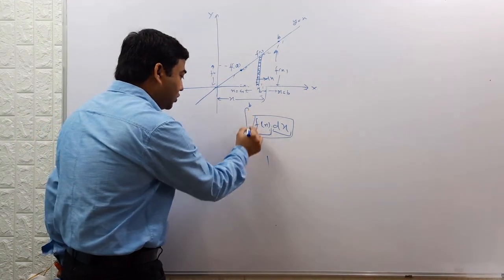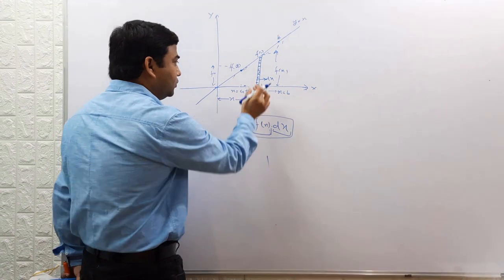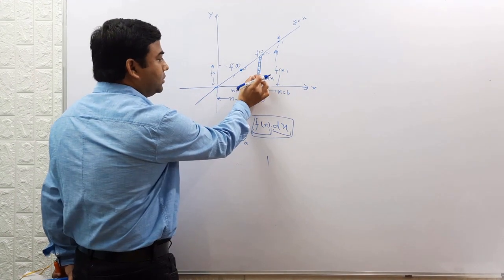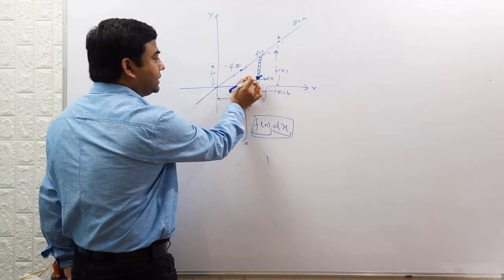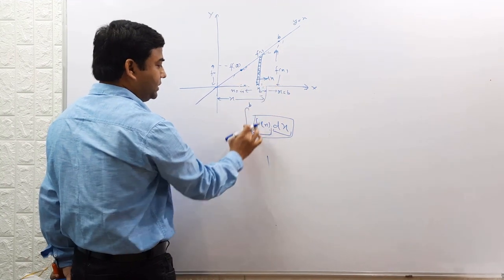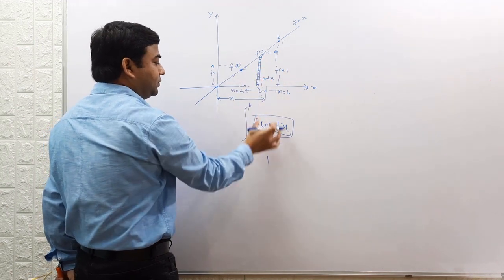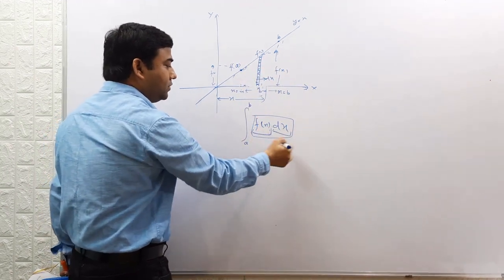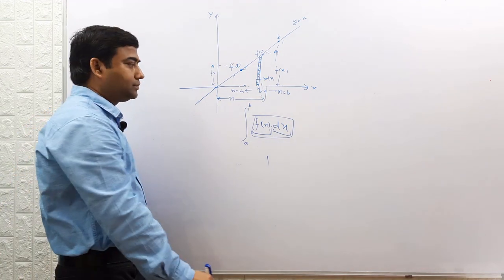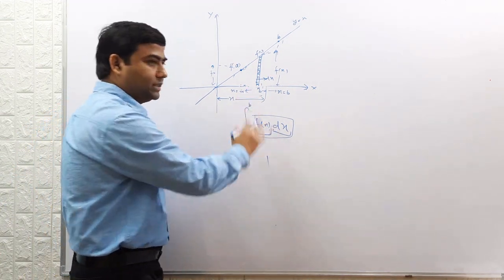So with this operation, as you have seen in the definition earlier, you will add the areas of all those thin rectangles in the range from a to b. All rectangles' areas will be added, and this is the area of one general rectangle. So this is the definition of integration.